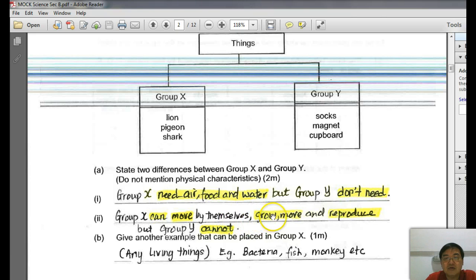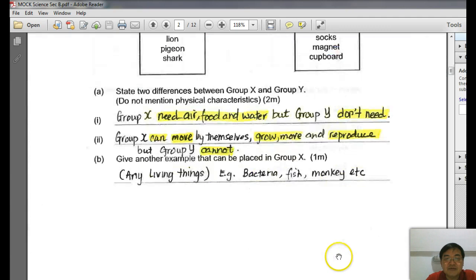They can grow, move and reproduce, but group Y can't perform the following characteristics. Okay, over here B, give an example that can be placed in group X. Okay, so any living thing, the answer can be, for example, bacteria, fish, monkey and so on.